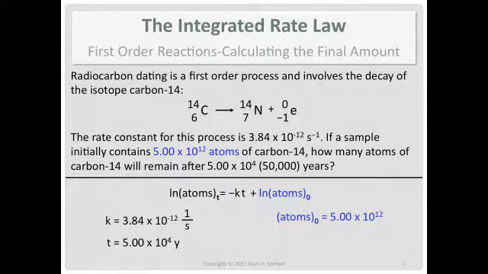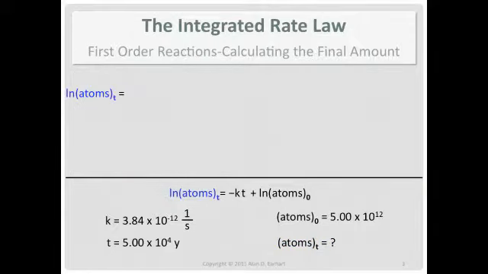Yes, we do. So what are we looking for? It says how many atoms. And that's bound up in natural log of atoms. Well, one thing at a time. Let's solve this equation mathematically for the natural log of the atoms, and then we'll worry about how to tease out atoms.